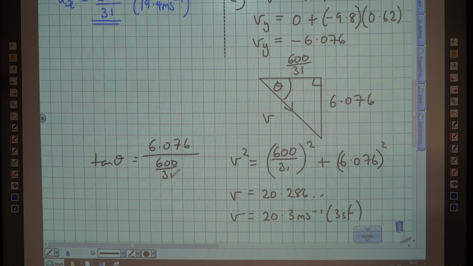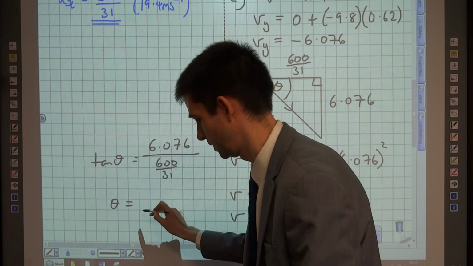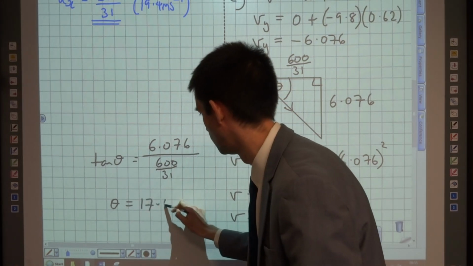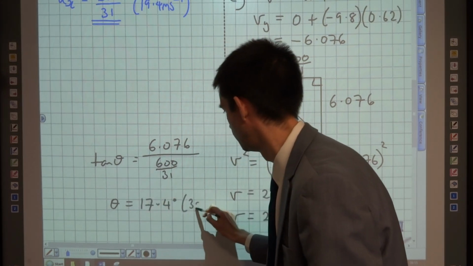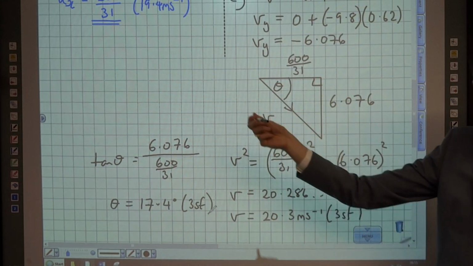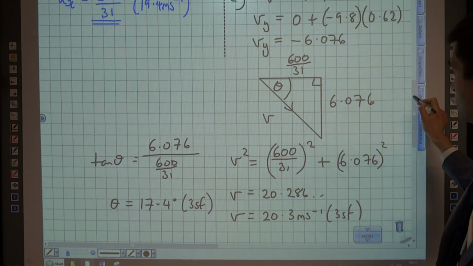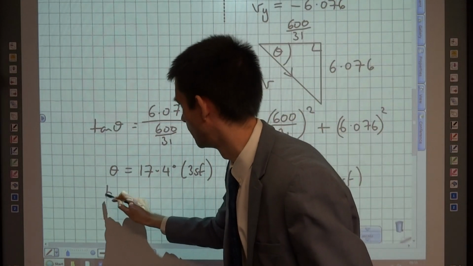And then inverse tan, make sure you're in degrees, to get that theta equals 17.4 degrees to 3 significant figures. Now it is worth noting that that is below the horizontal because of the direction of travel of the particle. So I'll just jot as part of my solution there that it's below the horizontal.